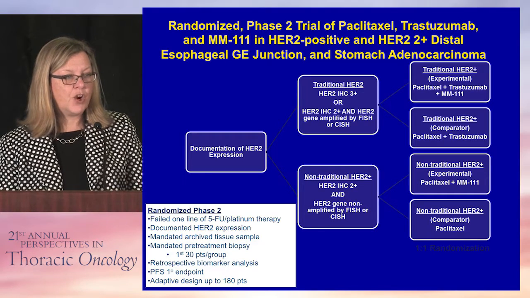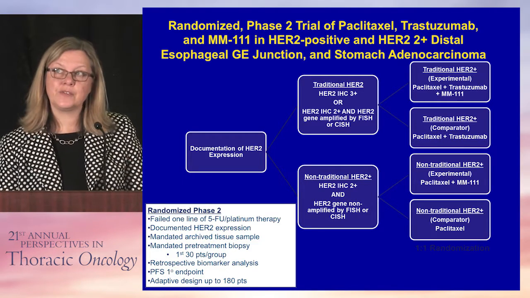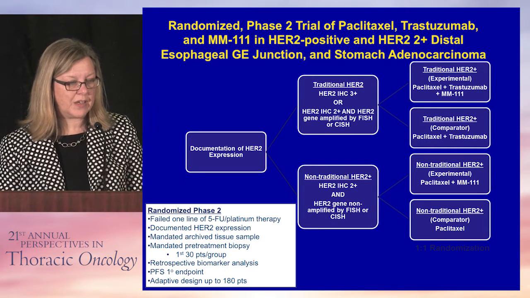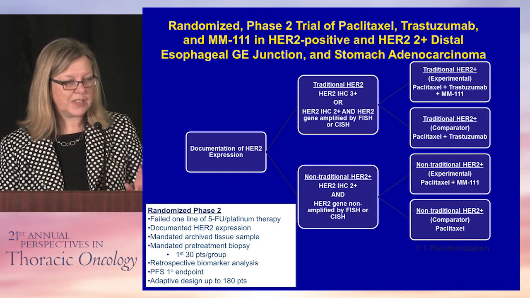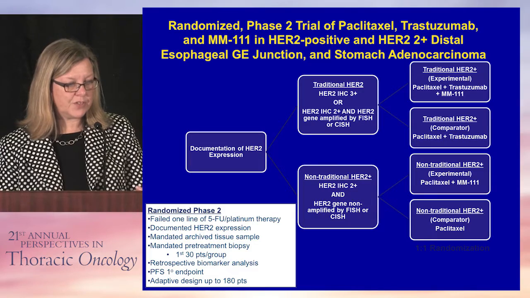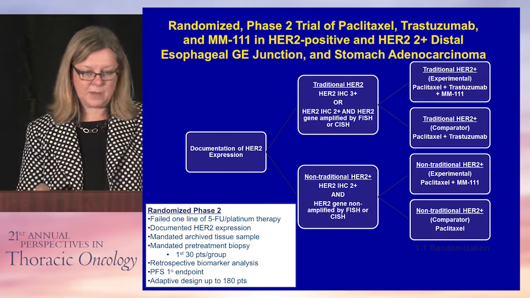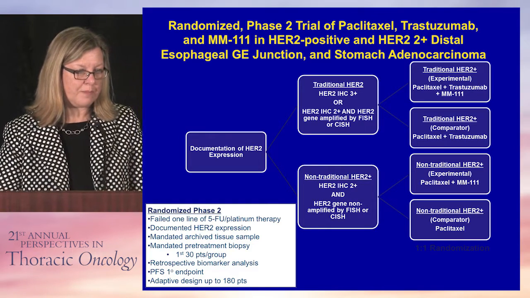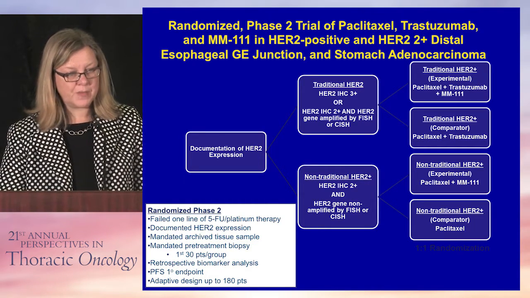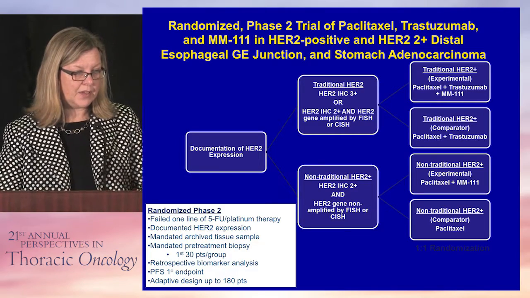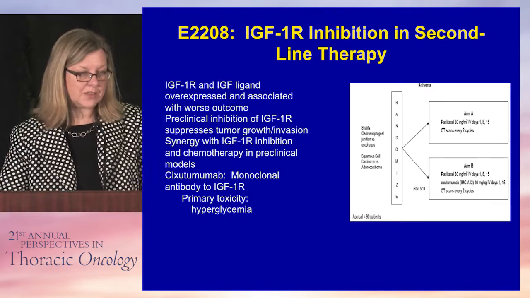And they had to be HER2 positive, whether by traditional criteria of being 3+ or HER2+ with IHC 2+ with FISH, or they could be non-traditional, which is to say they were non-amplified by FISH. And patients were treated with paclitaxel, trastuzumab, and MM111, or paclitaxel and trastuzumab, in each of those two cohorts, and that trial was entirely negative.